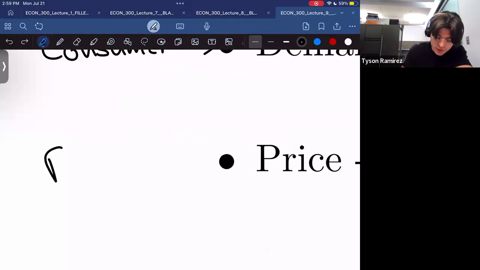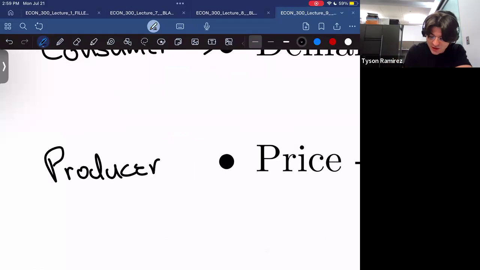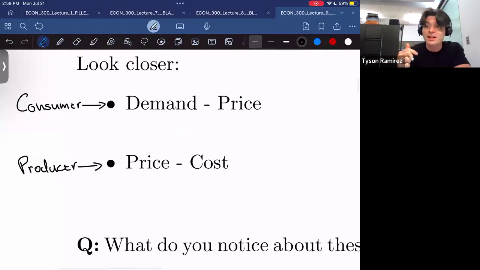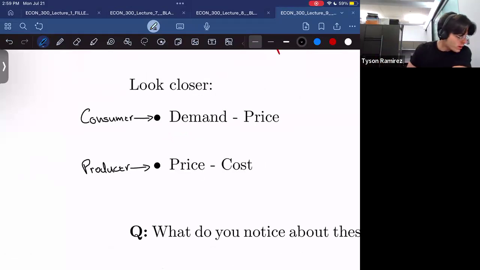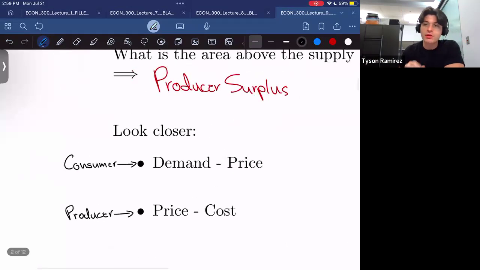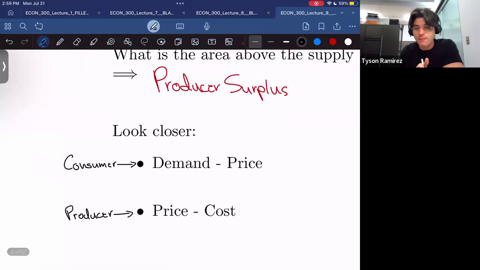Similarly, for the producer, what did I define their surplus as? We define that as the price minus the cost. And why do I say cost? Because we remember that the demand curve comes from the consumer's demand, but the supply curve comes from the marginal cost of the firm. We take the upward sloping part of the marginal cost curve, and we consider that the supply curve.